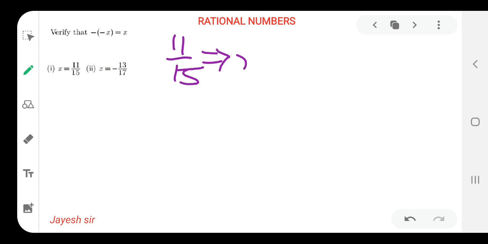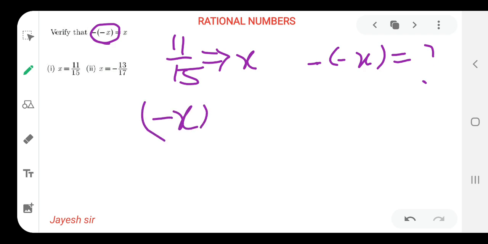We have to make it minus minus x. First we make it minus x, that means inserting a minus sign ahead, so it becomes minus 11 by 15.